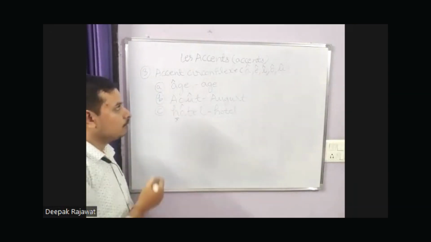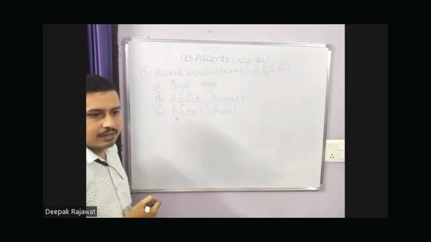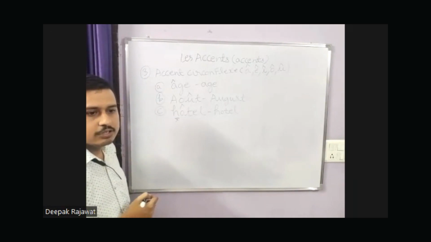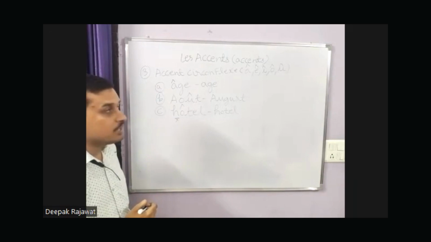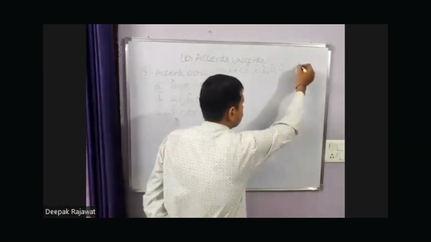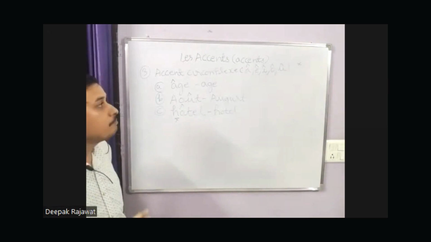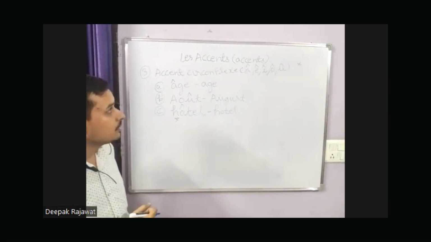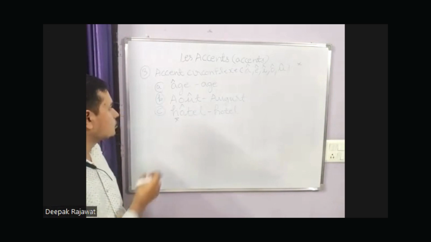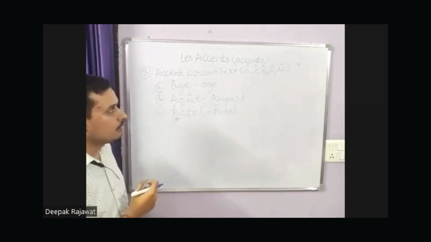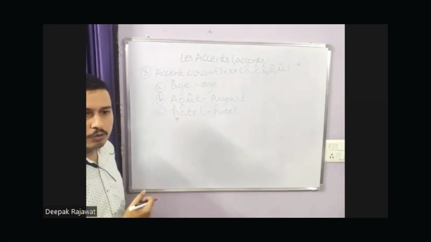And the biggest thing in this accent is that the letters remain the same. It doesn't affect the pronunciation. So this accent does not have any effect or impact on the letters. A is A, so A we pronounce the same.